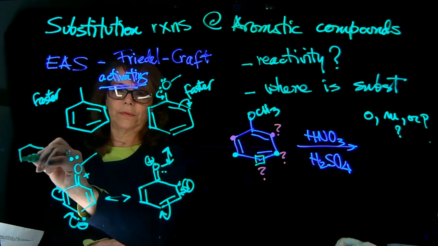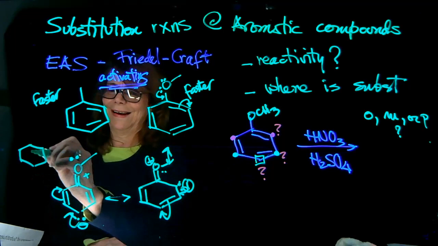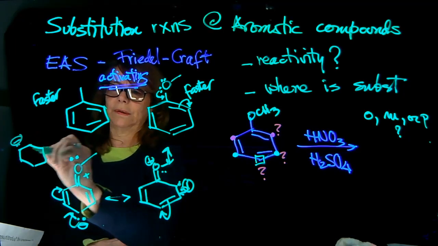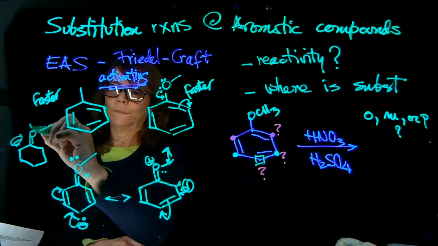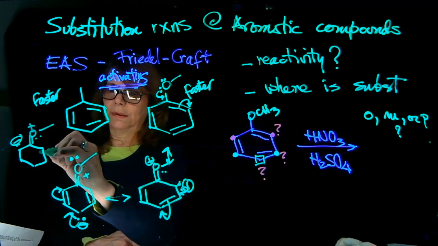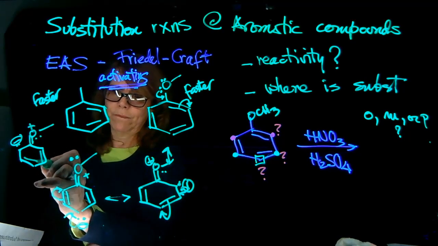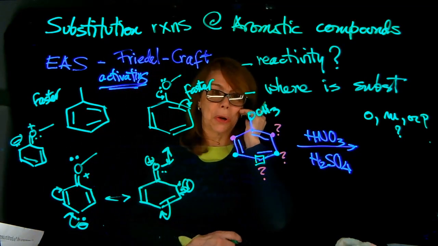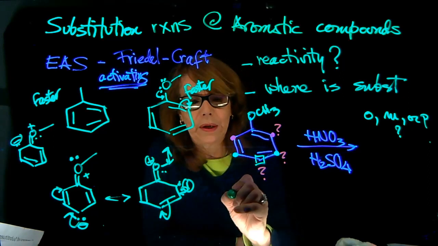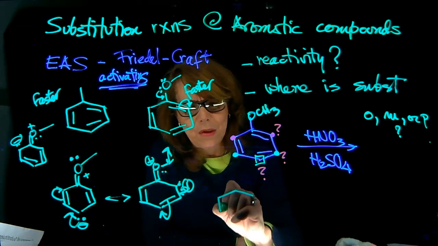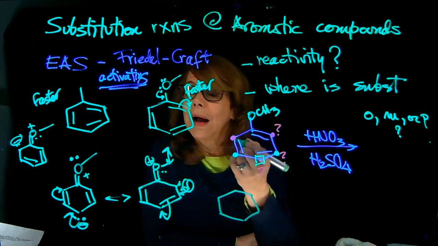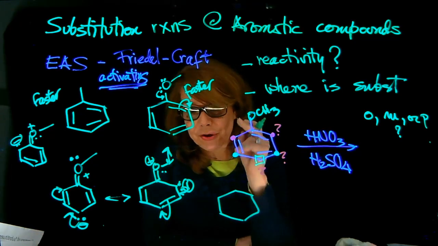So negative. And now I have these three resonance structures. What I'm showing with the resonance is that I have more electron density.